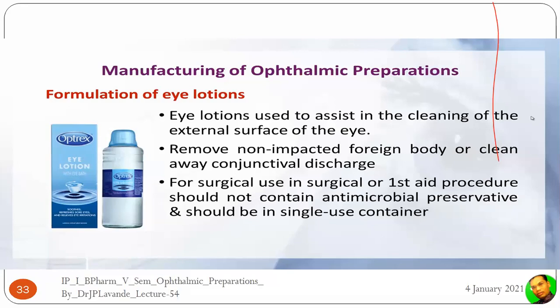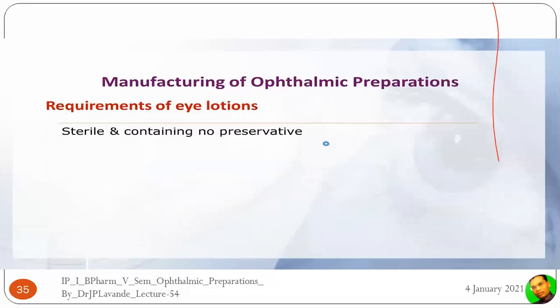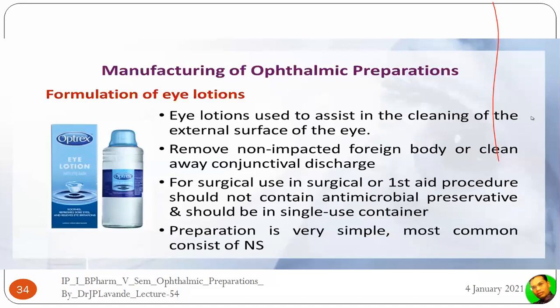It should be sterile, so it should not contain an antimicrobial ingredient. Preparation is very simple and most commonly consists of normal saline. What are eye lotions? Eye lotions are generally normal salines. An example of an eye lotion is Optrex, which is used to clean the eyes.